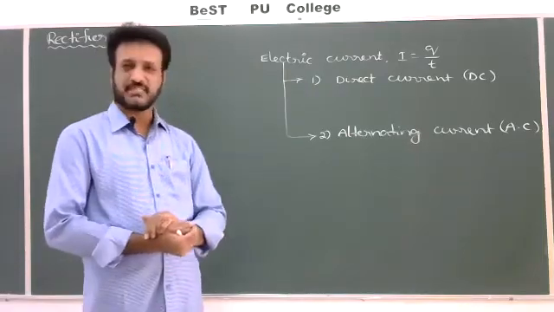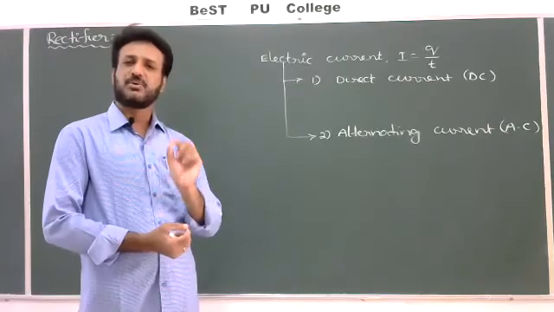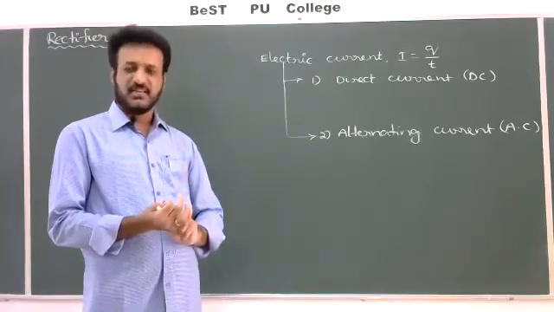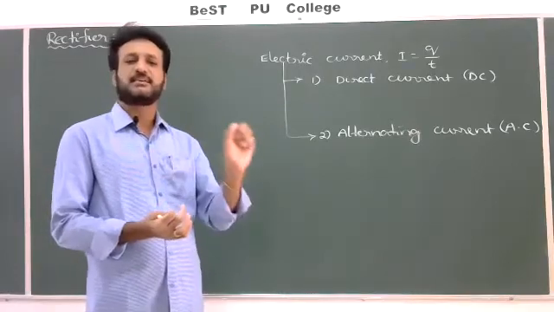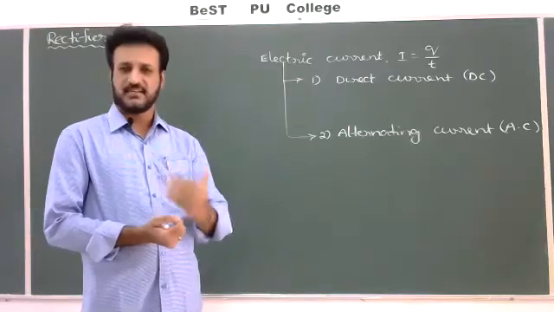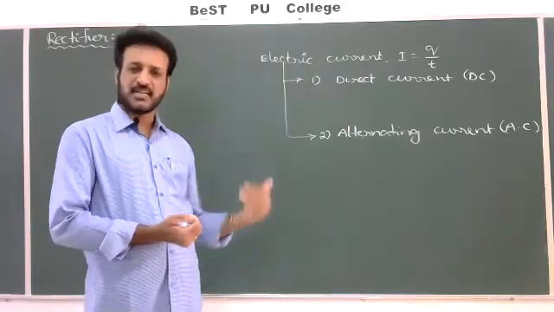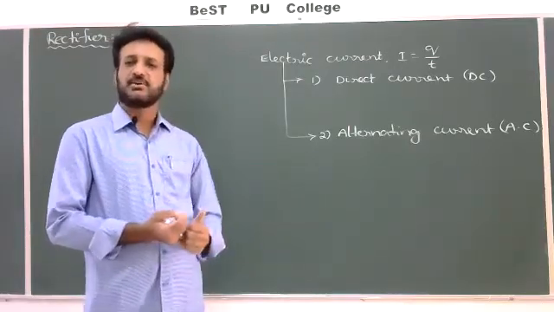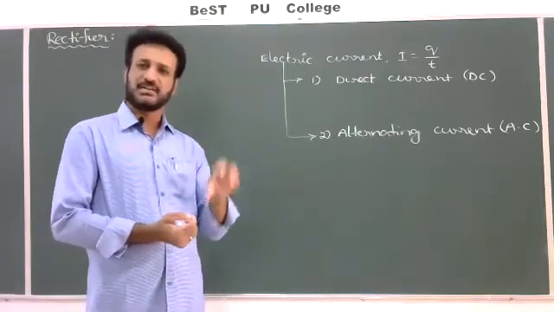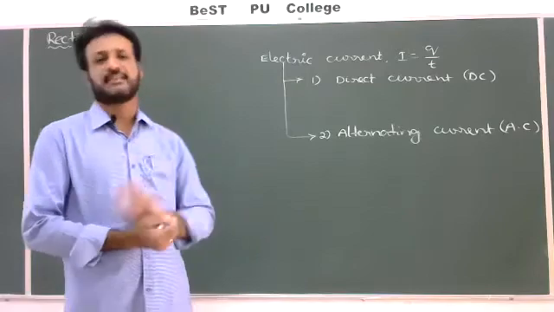According to the standard definition, a physical quantity having both magnitude and direction, and which obeys laws of vector addition, like the polygon law, parallelogram law, and triangle law, is said to be a vector.